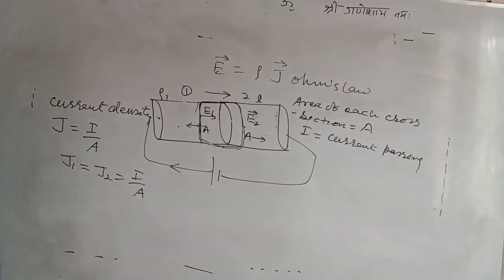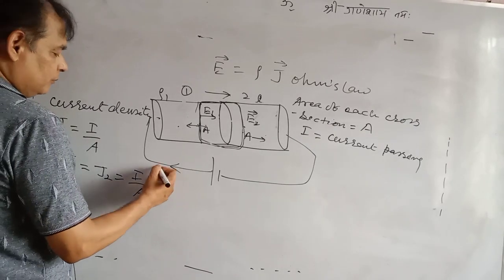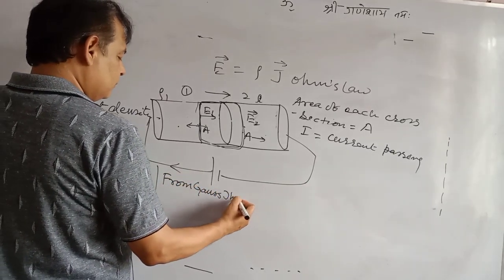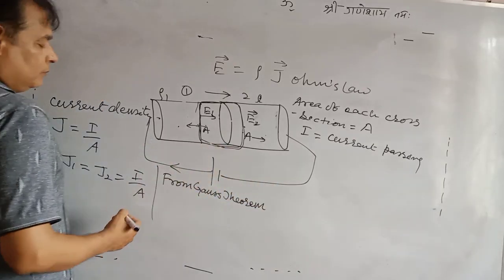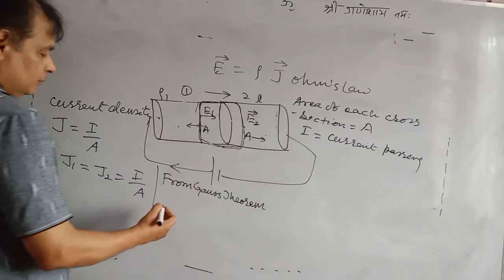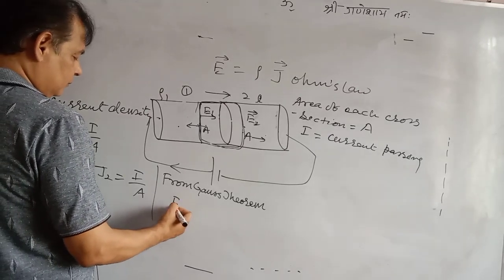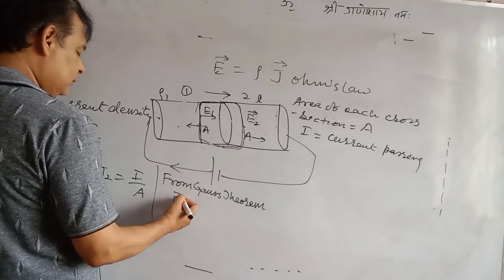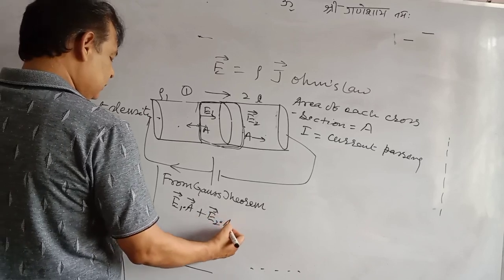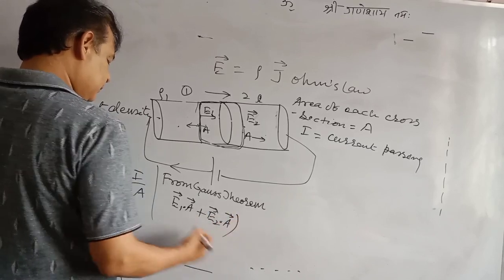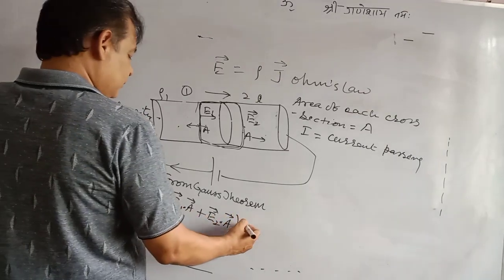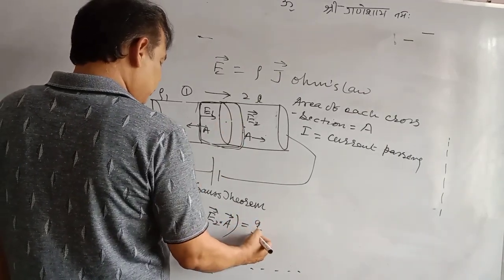From Gauss theorem we can write E1 dot A plus E2 dot A equals total charge enclosed, Q upon epsilon naught.